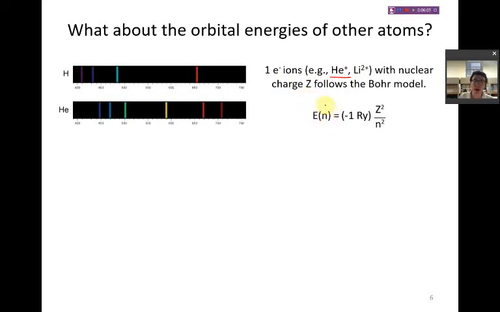You could quantify the energy of the electron, or the attractive interaction between the electron and the nucleus, as a function of the Rydberg constant, as a function of our nuclear charge, which is the same thing as the number of protons, and as a function of our n value. We see here that as the nuclear charge increases, for helium our Z would be 2. For lithium, our Z would be 3.